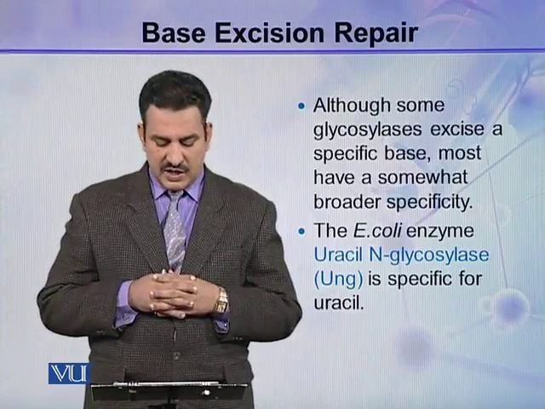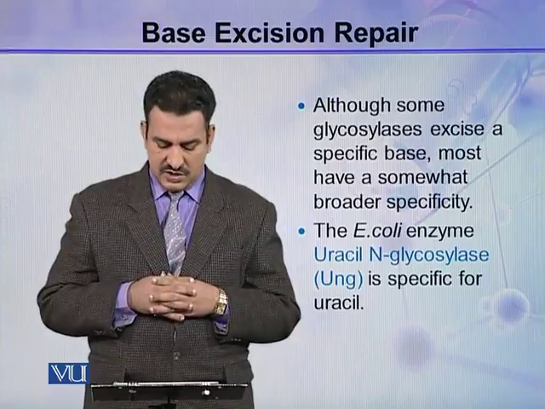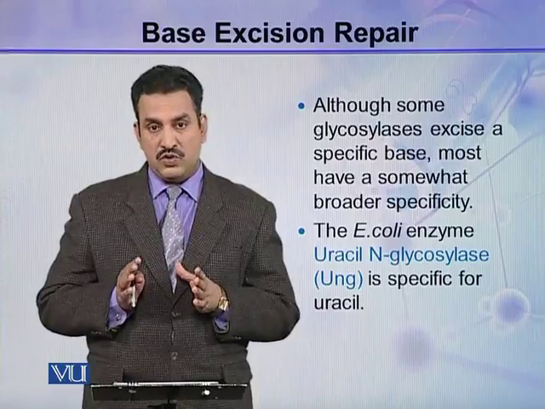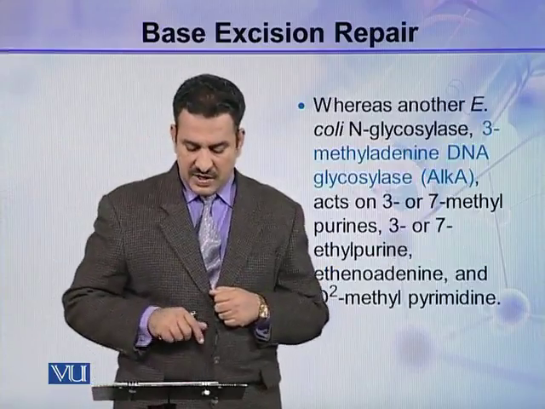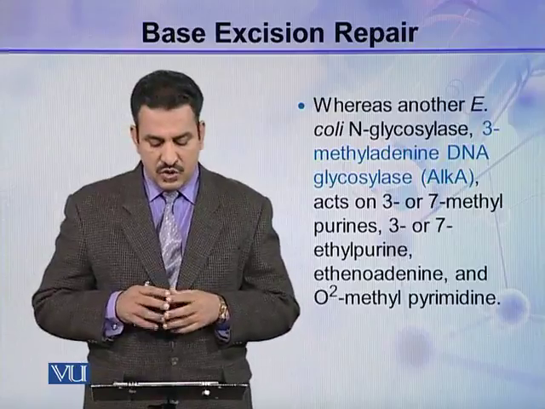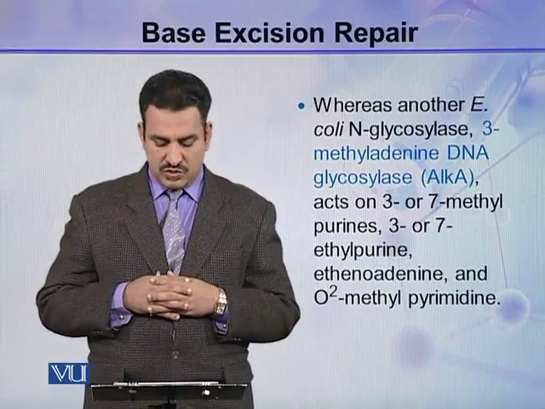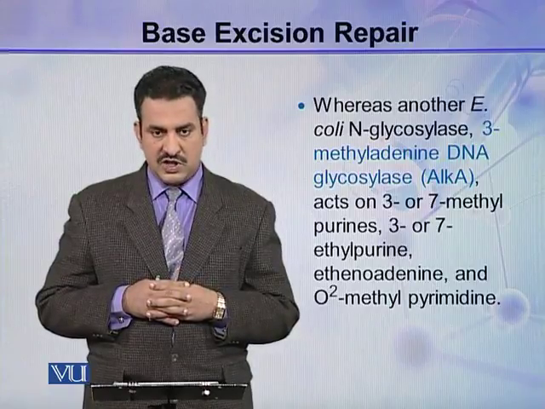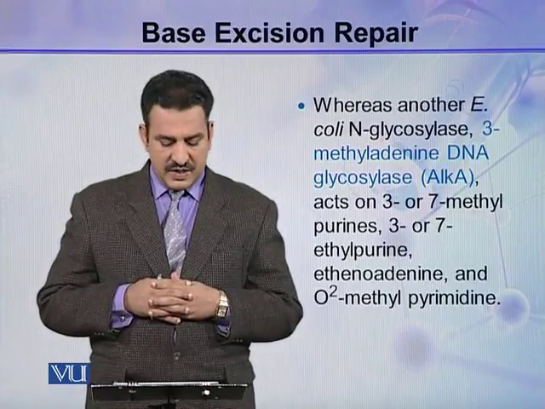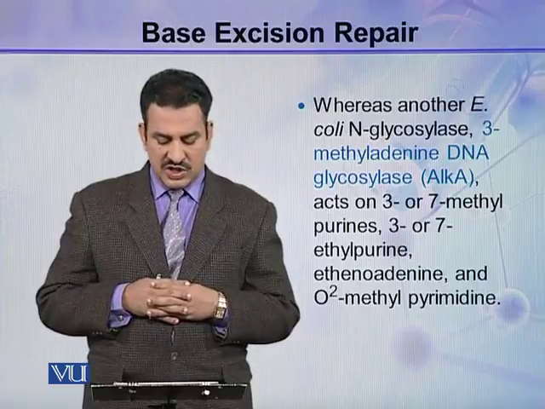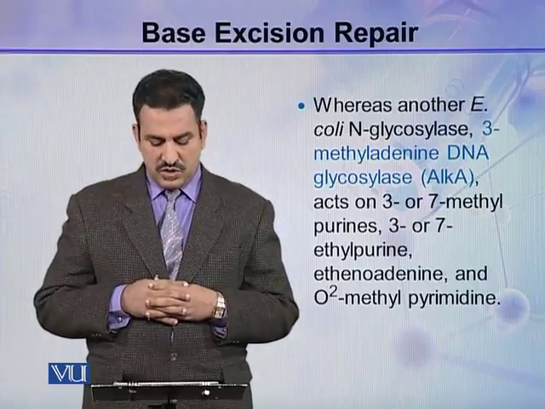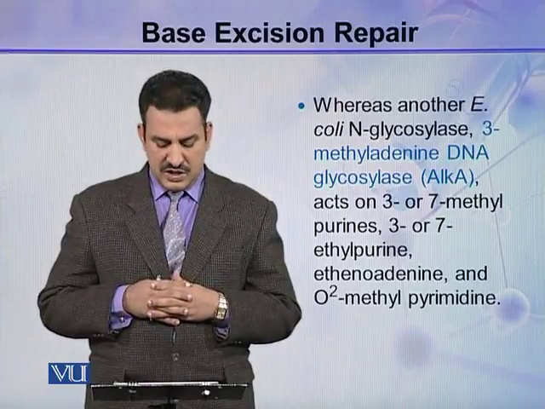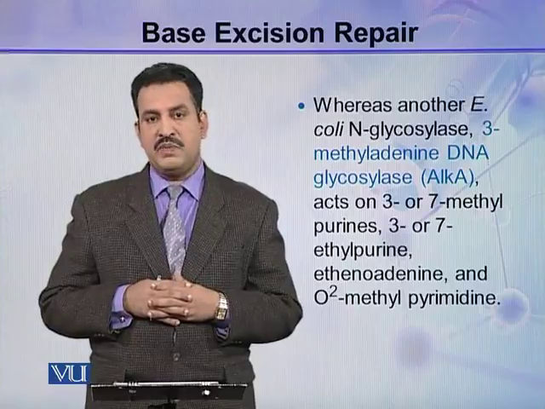The E. coli enzyme uracil N-glycosylase, that is UNG, is specific only for uracil, while another E. coli N-glycosylase, which is 3-methyladenine DNA glycosylase, also called AlkA, acts on 3- or 7-methylpurines, 3- or 7-ethylpurine, ethenoadenine, and O2-methylpyrimidine.